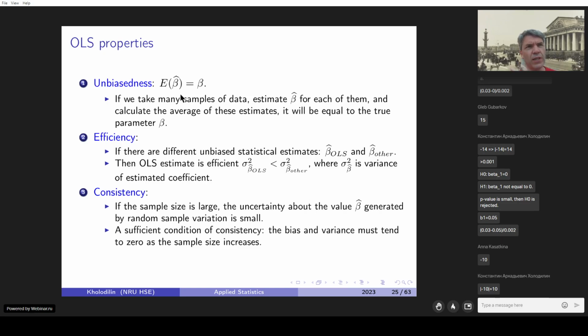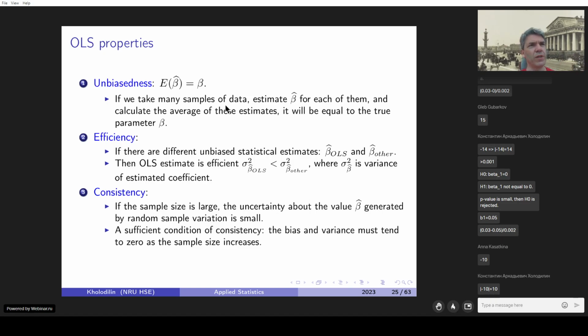So if we take many samples and estimate the betas for each of them, and look at the distribution of these betas, then the mean of this distribution will be close to beta. In other words, the mathematical expectation of estimated beta is equal to the true beta.